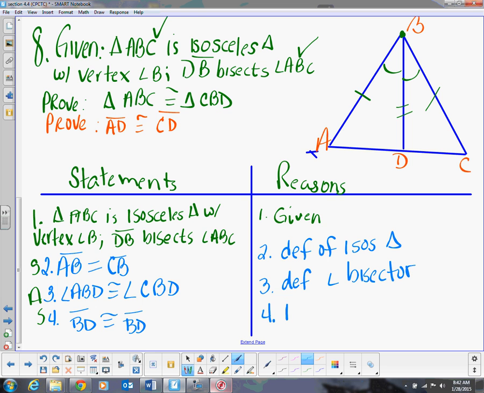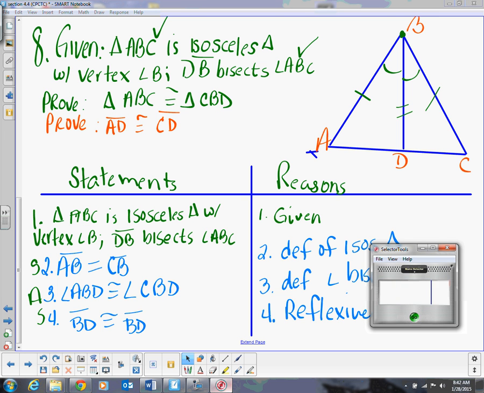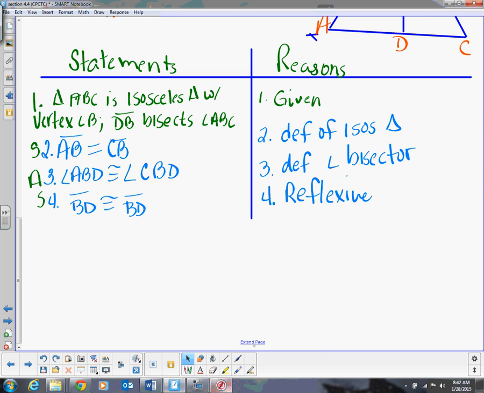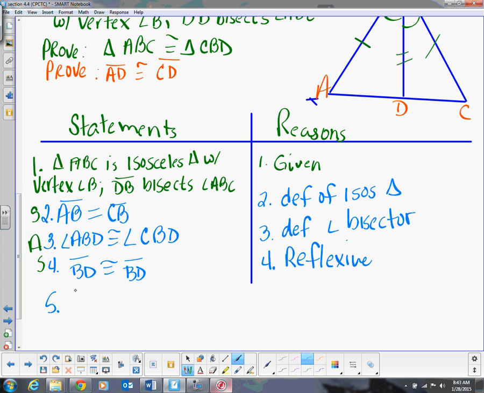Starts with an R. All right. Now that we've justified all of those parts, what's the final statement on your homework, Elber? The statement would be triangle ABC is congruent to triangle CBD, and what's the reason?